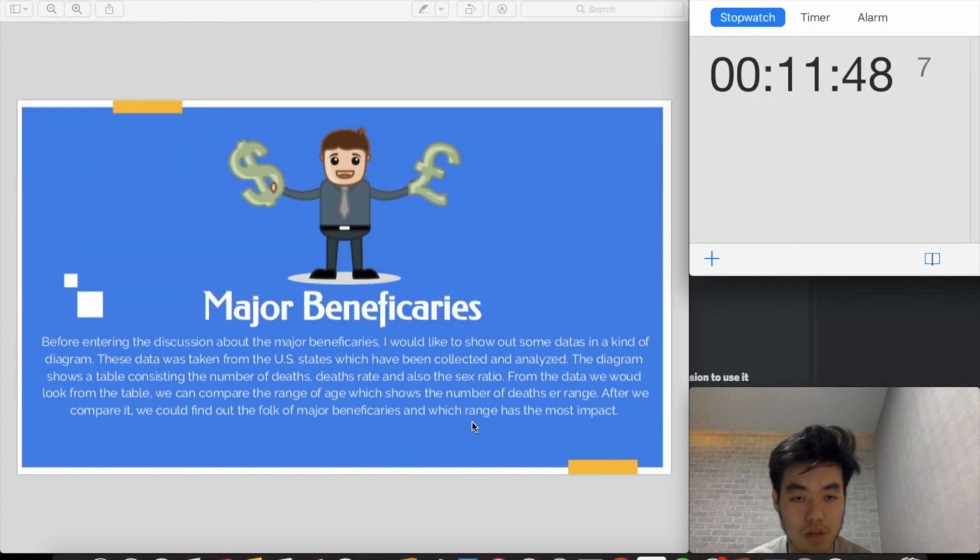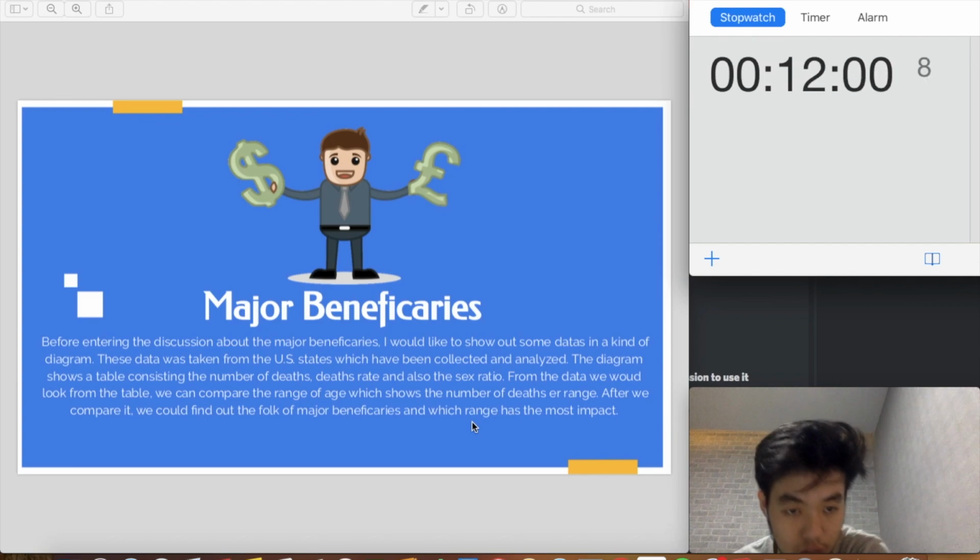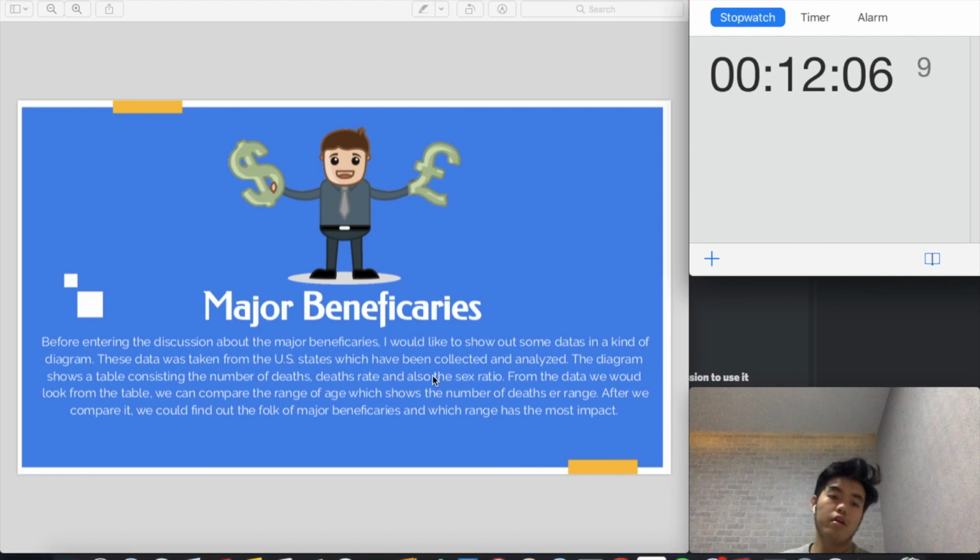So, the major beneficiaries. Before entering the discussion about the major beneficiaries, I would like to show some data in a kind of diagram. These data were taken from the US states, which have been collected and analyzed. The diagram shows a table consisting of the number of death rates and also the sex ratio.